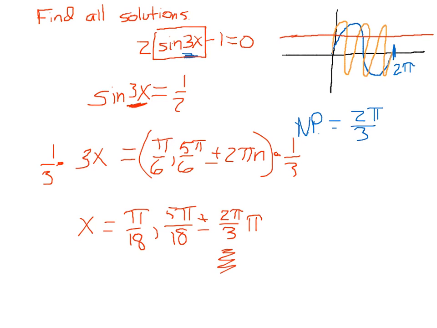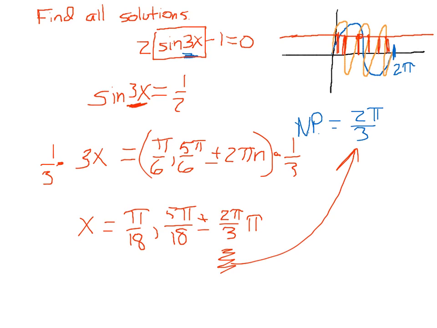And if you look, there's our new period that corresponds to what we found up here. The pi over 18 and 5 pi over 18 are the first two solutions on our curve, and we can generate the rest of these by continually adding 2 pi over 3 to those answers.